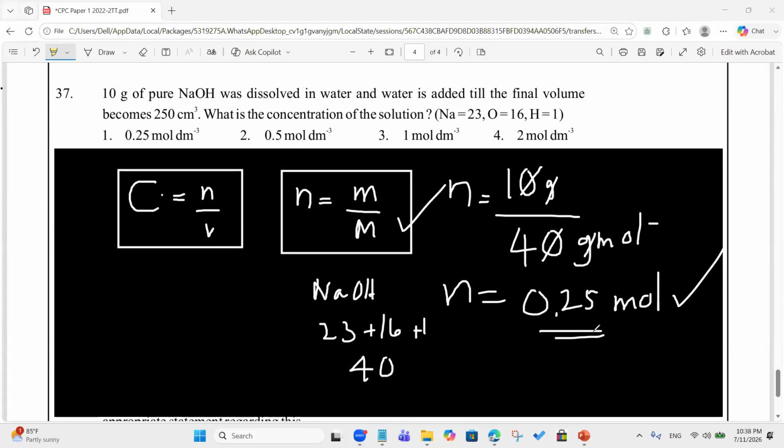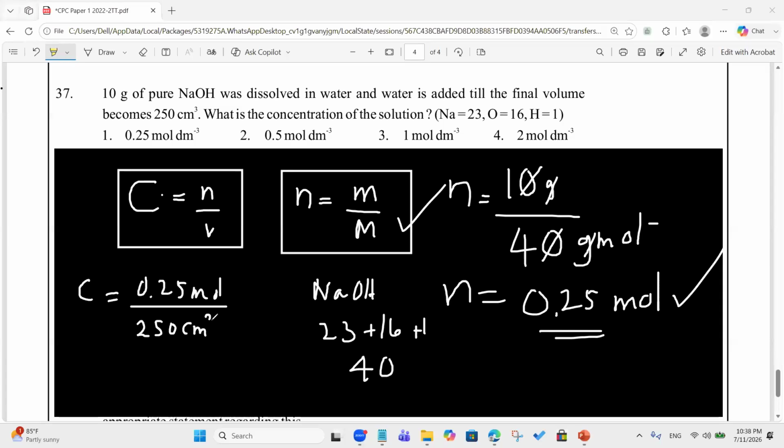Now you apply this number of moles to the concentration equation, right? C equals number of moles, 0.25 moles, divided by volume. Volume is 250 cubic centimeters, right?